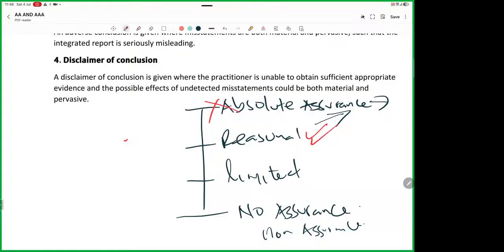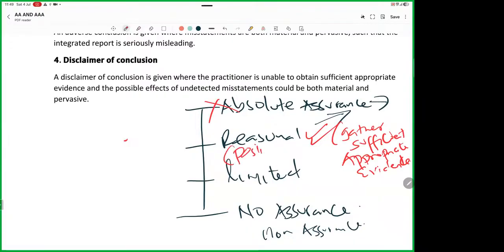But you have to know that for reasonable assurance, I have to gather what we call sufficient, appropriate evidence to rely on, which will lead to what we call a positive form opinion.